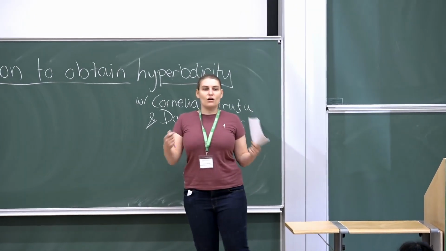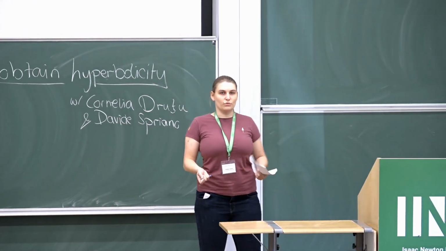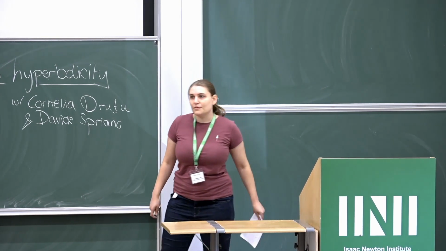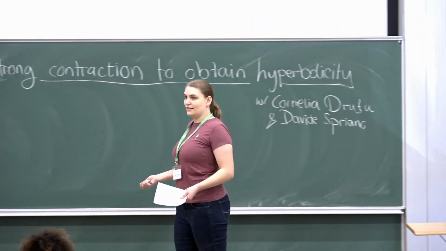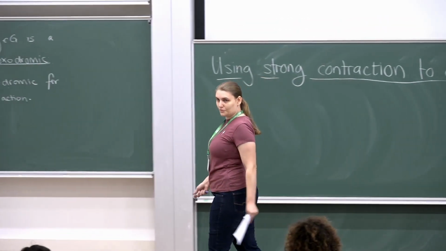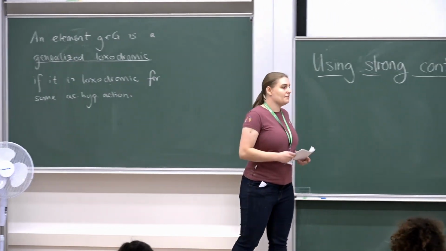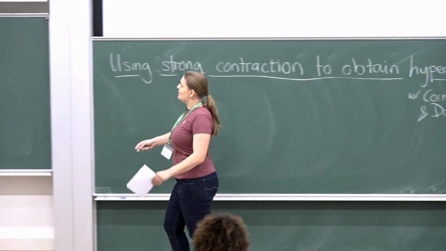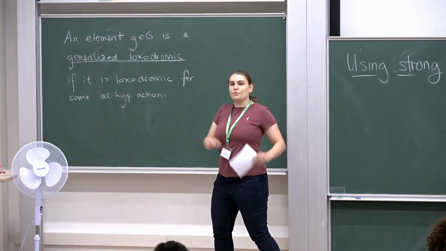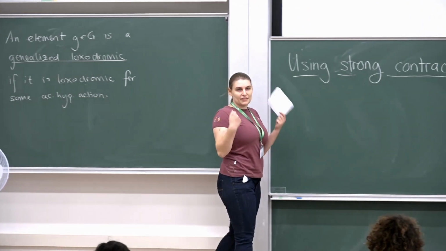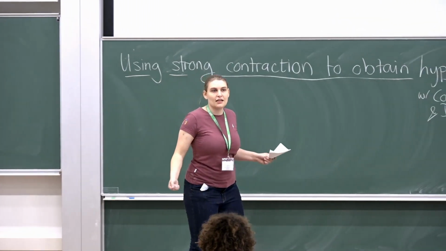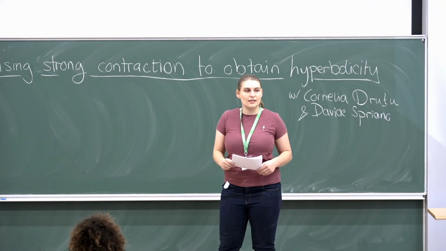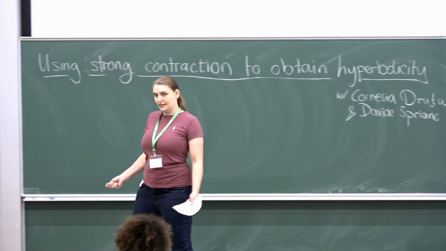However, there is always a drawback and a line to walk between how large is my class of nice groups and how many things can I prove about these groups. And sometimes, if I want to prove stronger results, it's not enough to just say my group is acylindrically hyperbolic, but we want specific acylindrical actions that have somewhat nicer properties. An example of this is the following.